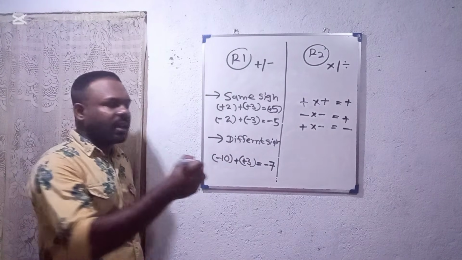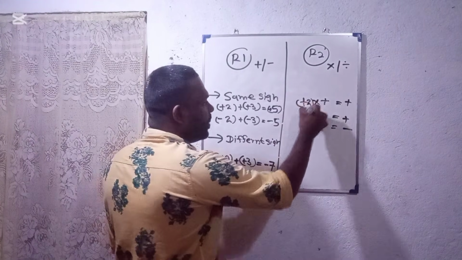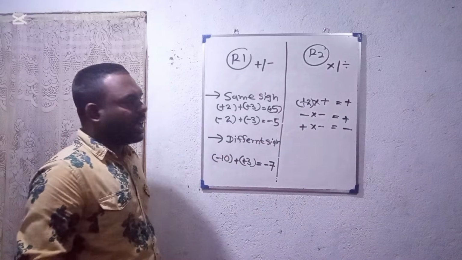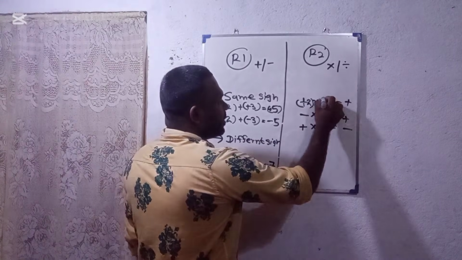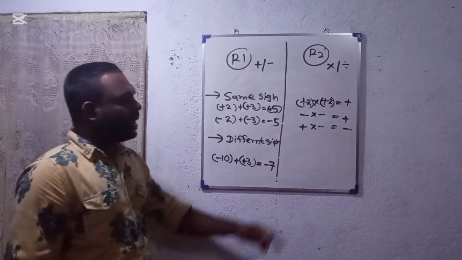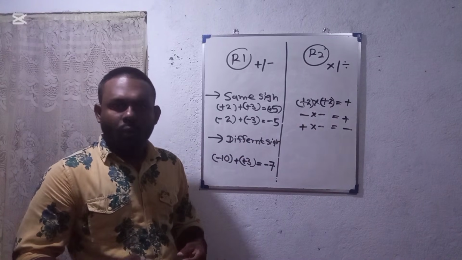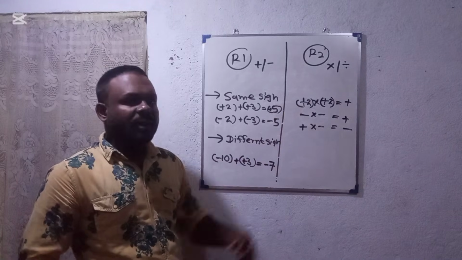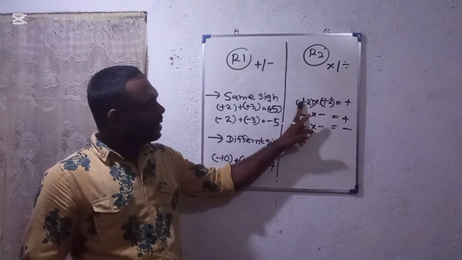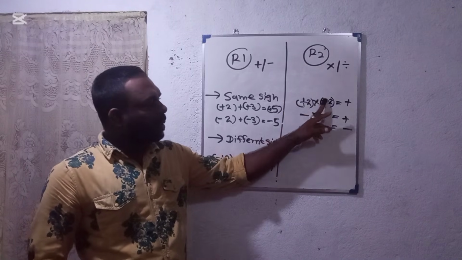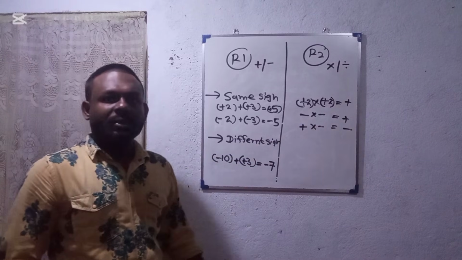I place the numbers 2. I make this one plus 2, and then I place the 2. Then it becomes plus 2 times plus 2. We have already done that one: 2 times 2 is 4. But for this case, we'll learn like this. Plus times plus gives the sign output plus.